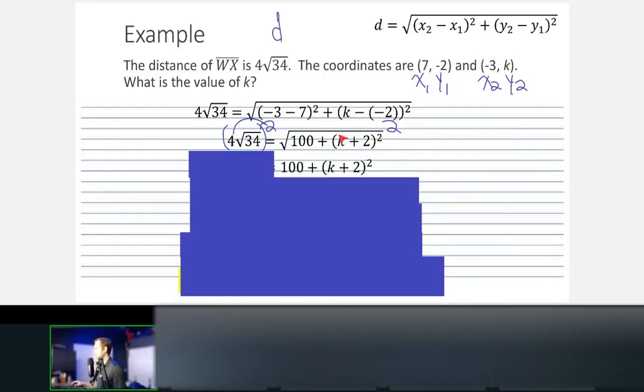When you square this binomial, you're doing k plus 2 times k plus 2. It's different. And 4 squared is 16, and squaring a square root, they just cancel each other out to just be 34. So like Enzo said in chat, 16 times 34 is 544. If you made this mistake, don't make it again.